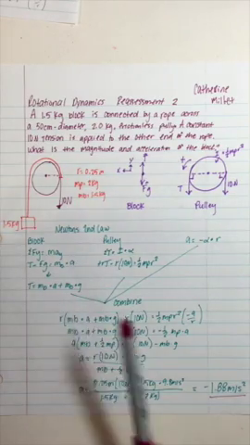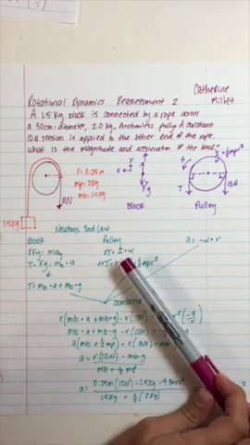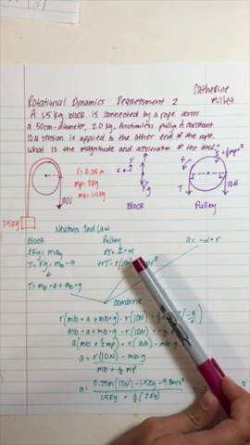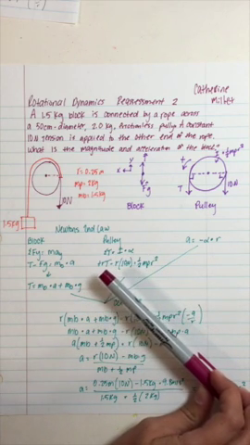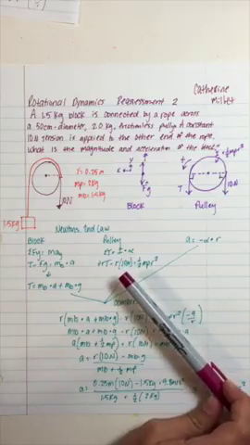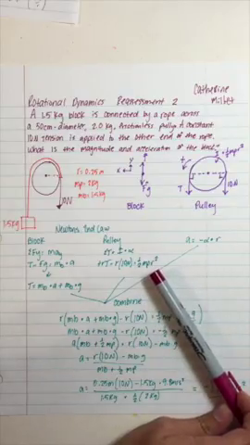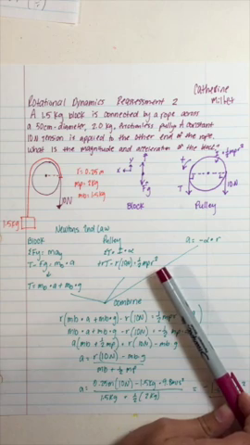And then for the pulley, the sum of the torques equals the inertia times alpha, which is TR, tension times the radius, minus the radius times 10 newtons equals 1/2 times the mass of the pulley times the radius squared.